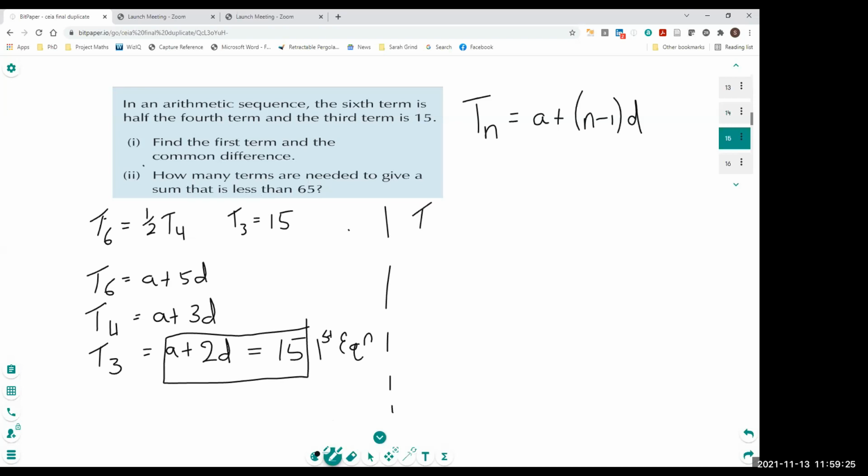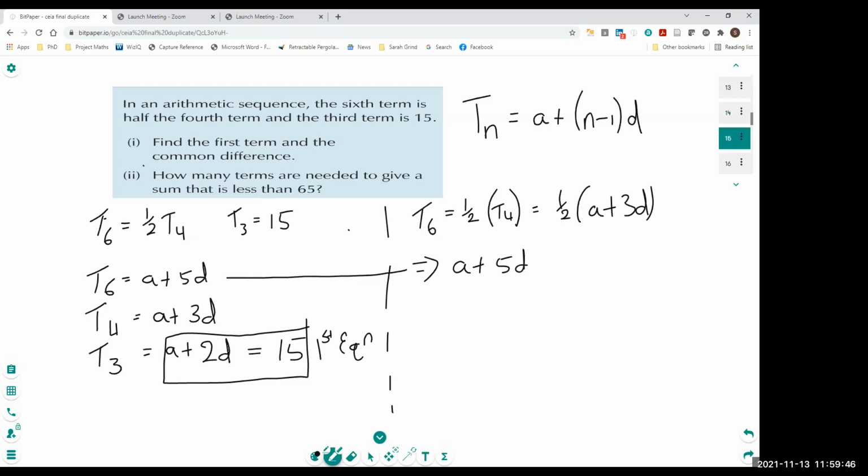And we know that T6 is equal to half of T4, which is half of A plus 3D. This implies that A plus 5D, which we know from here, is also equal to half of A plus 3D, because we have two ways of expressing T6.